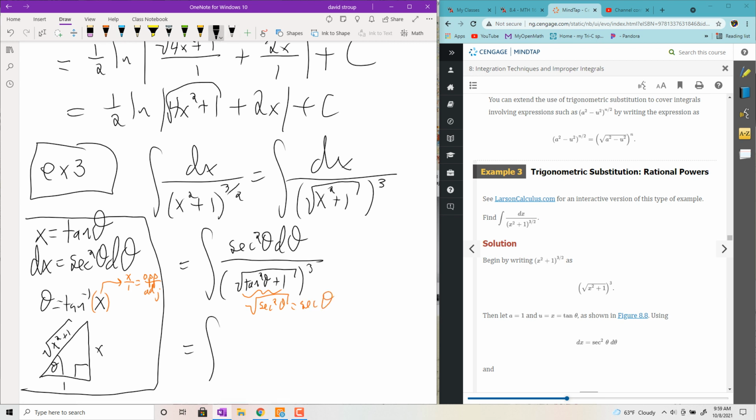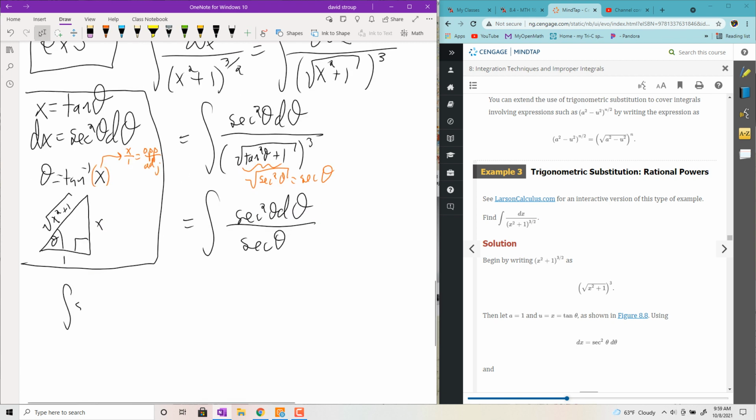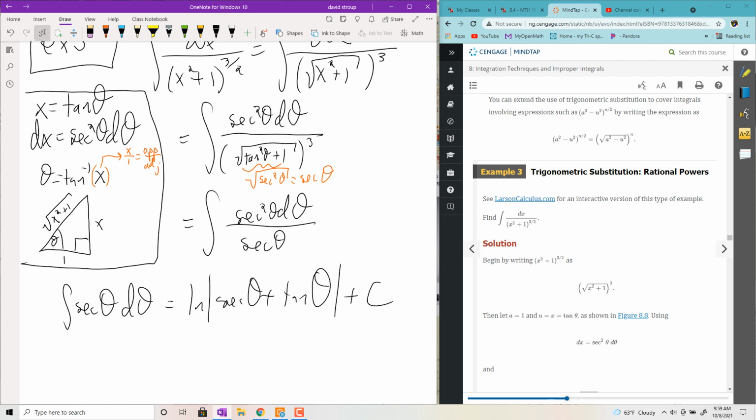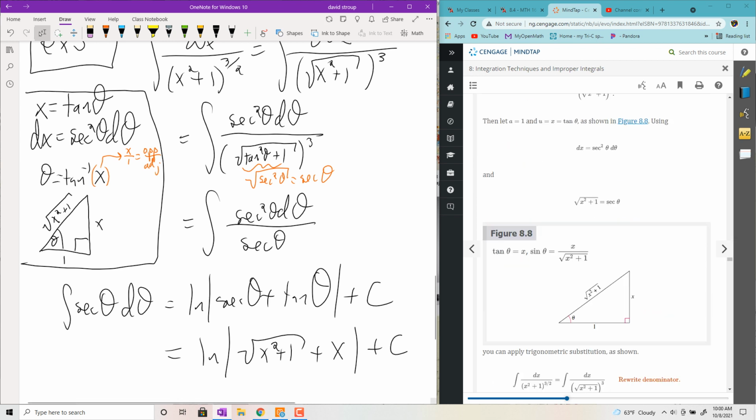Okay, so I'll have the integral of secant squared theta d theta over secant theta. And then that'll just be the integral of secant theta. And then that will be the ln of the absolute value of secant theta plus tan theta. And then that will just be the ln of the absolute value of square root of x squared plus 1 plus x. Let's see. Okay.